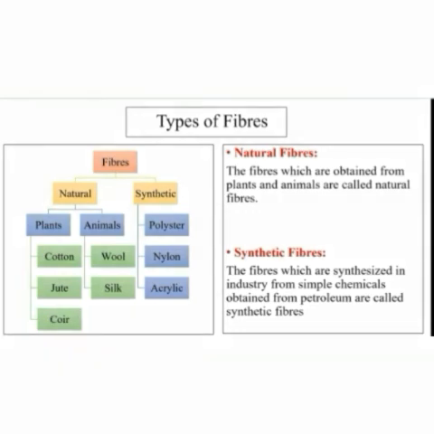What is coir fiber? Coir fiber is that fiber which is obtained from a coconut husk. Similarly, from animals we get wool and silk fibers. The fibers which are synthesized in industry from simple chemicals obtained from petroleum are called synthetic fibers. For example, polyester, nylon, acrylic, etc.